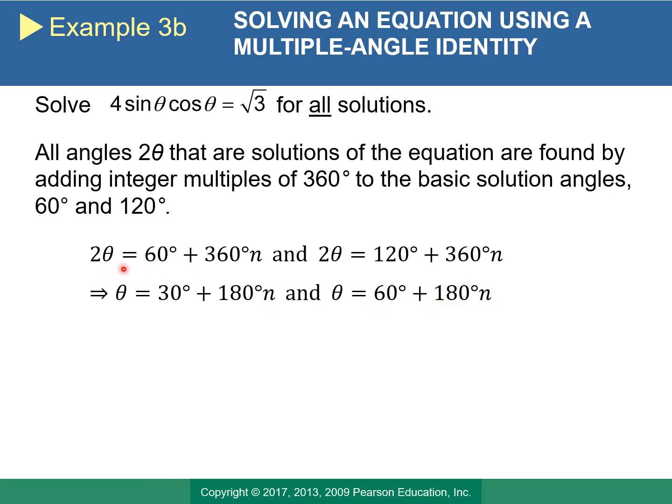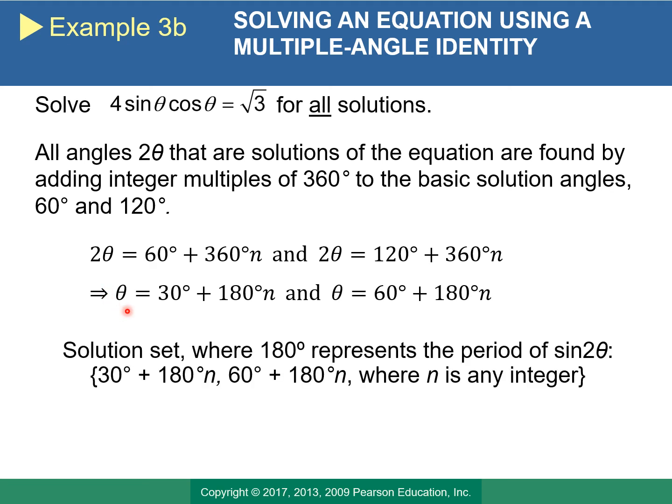So you want to take your original answers before you divide by the 2, and then that's when you add the multiples of 360, then divide by 2. Okay, so our solution set, where our period was adjusted for our function being 2 theta instead of just regular theta, is 30 degrees plus 180 n, 60 degrees plus 180 n.